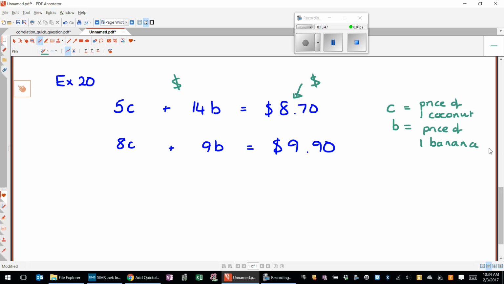How many coconuts have we considered in total though? 13, because 5 coconuts in one sentence, there's 8 in the other. We know how many coconuts. C is to stand for something we don't know. We know how many coconuts, so it has to be the price of one of those coconuts. We don't know the price of the coconut. Same as B is the price of a banana.